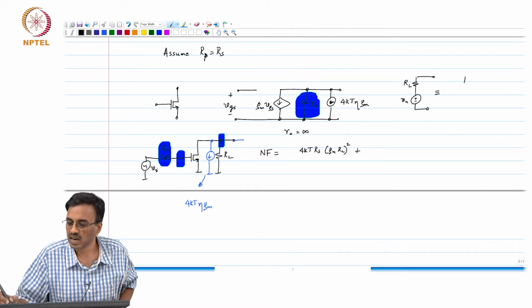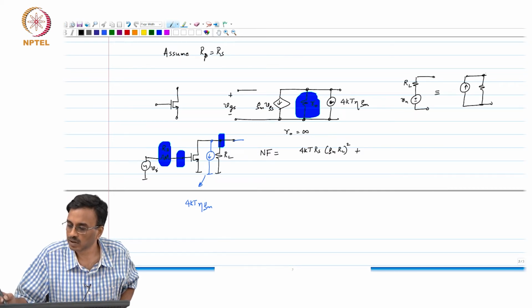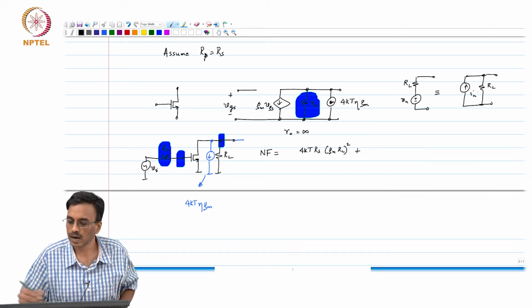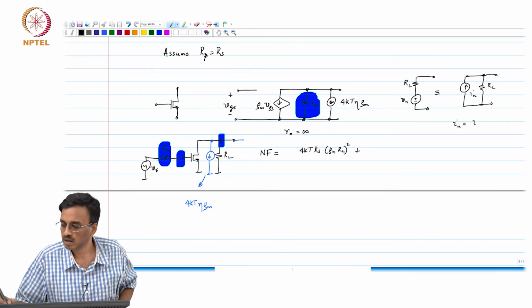So, Vn in series with RL is equivalent to In in parallel with RL. And what is In? Vn by RL.